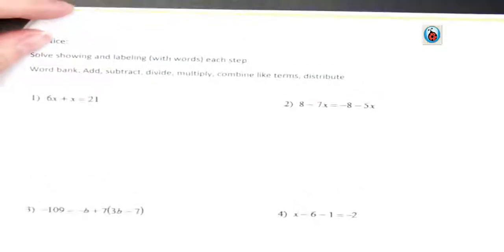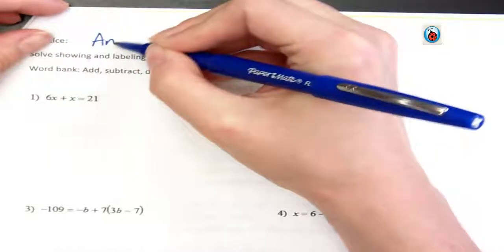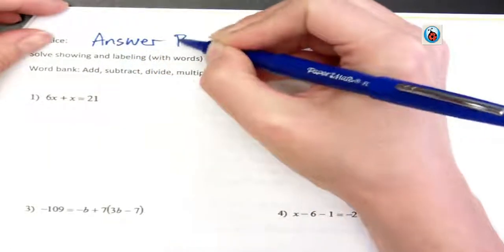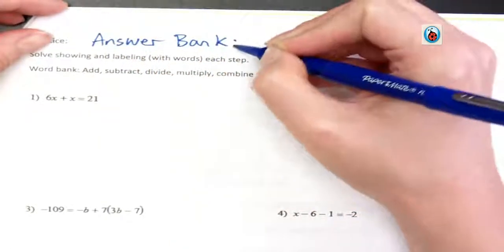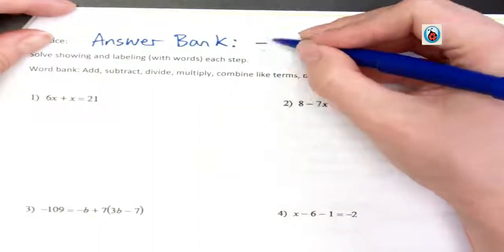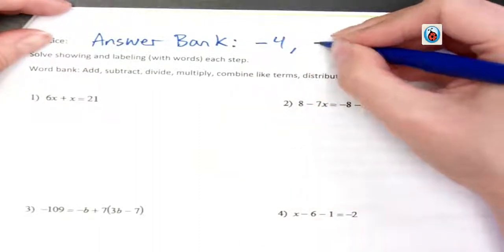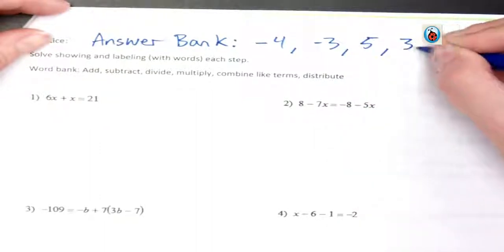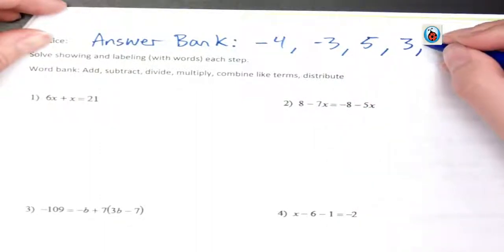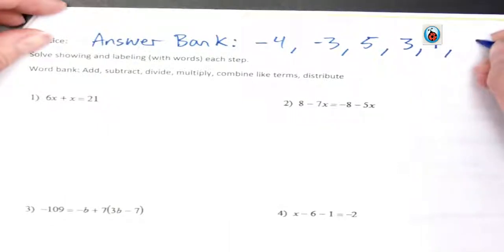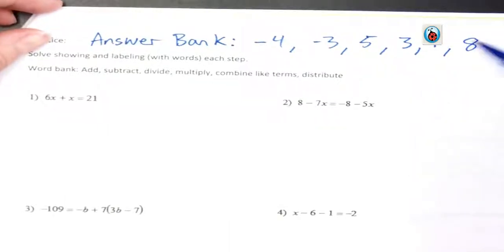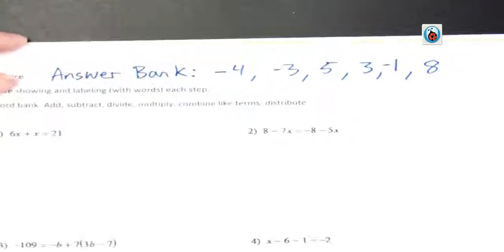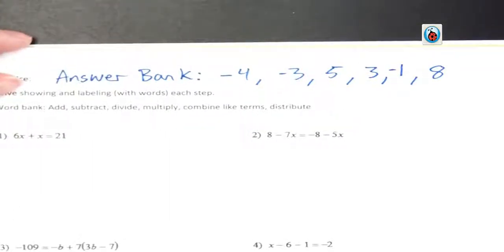I will give you an answer bank. And so this is in mixed order, but you should find a negative 4 somewhere, a negative 3, a 5, positive 3, a negative 1, and an 8. So for these 6 problems, you should get those 6 answers in a mixed order.